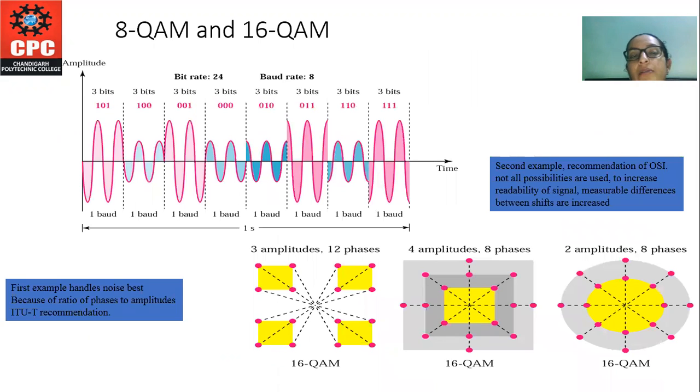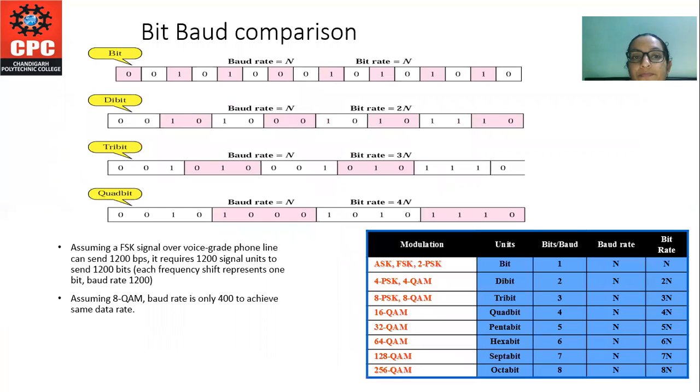On the other hand, for 8 QAM and 16 QAM, we have 3-bit data, that is tribit data, and 12 phase angles will be provided. The recommendation is that not all the possibilities are used, to increase the readability of the signal. The measurable difference between chips is increased.